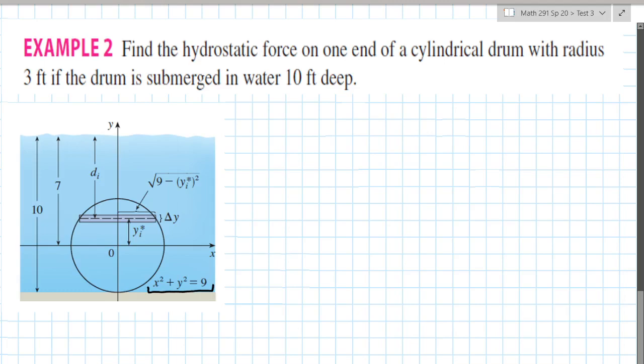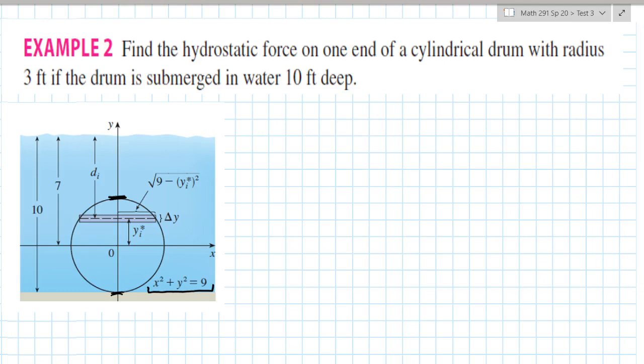Because of that, we are going to be measuring in terms of y, and y needs to start at positive 3 all the way down to a y of negative 3.